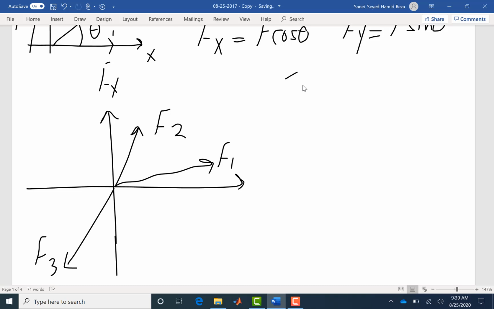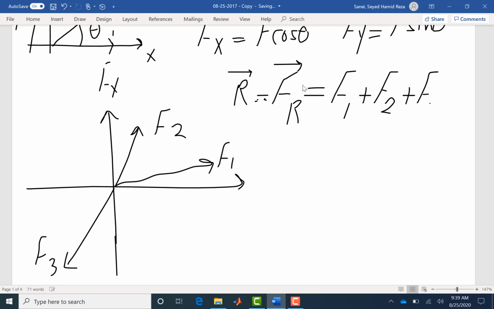If I want to find the resultant vector, FR, or sometimes it's called R, it's the addition of all forces. In many problems, the question is asking you to find the resultant force of F1, F2, F3. So instead of dealing with triangular or parallelogram rules, we are going to use Cartesian form to add these vectors together. So my first task is to find the components.